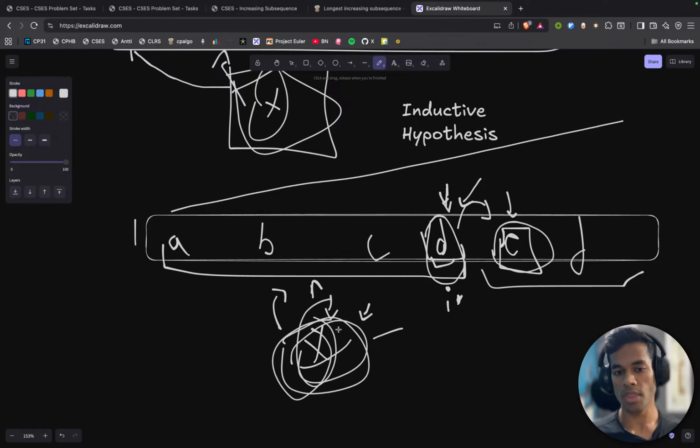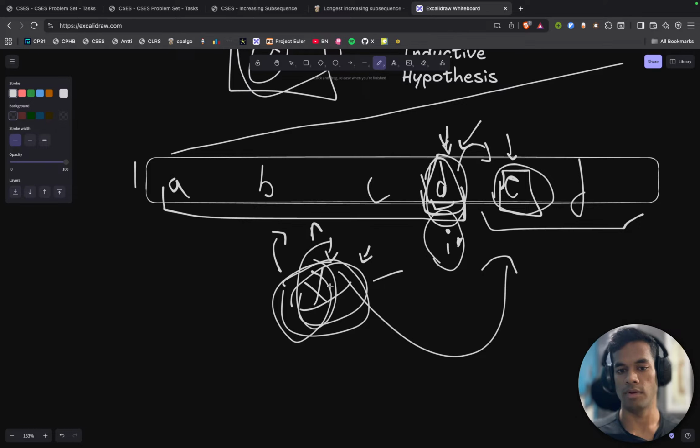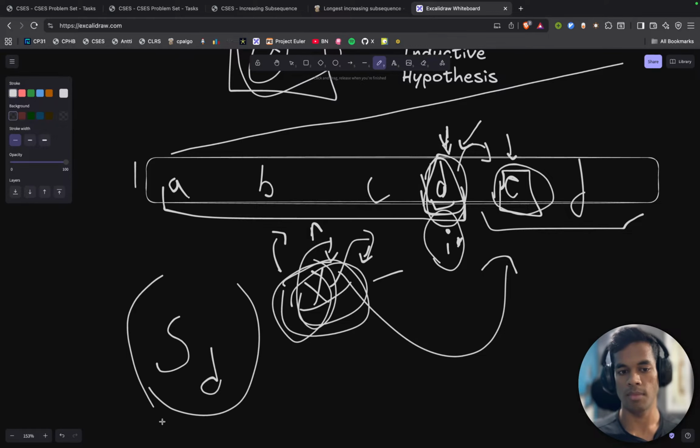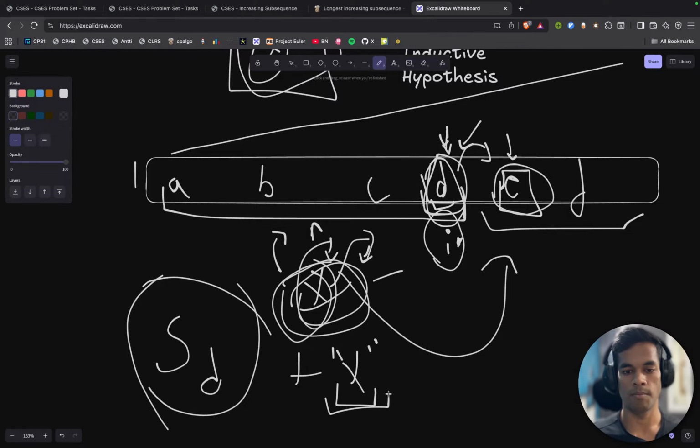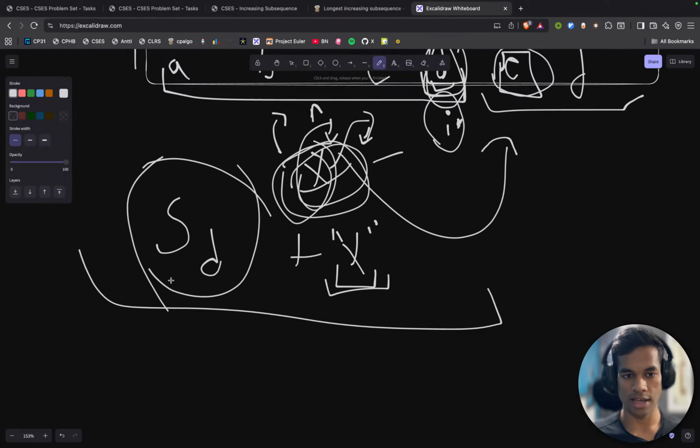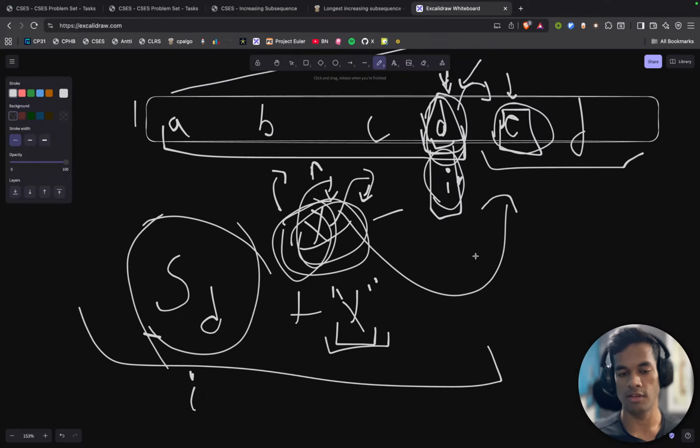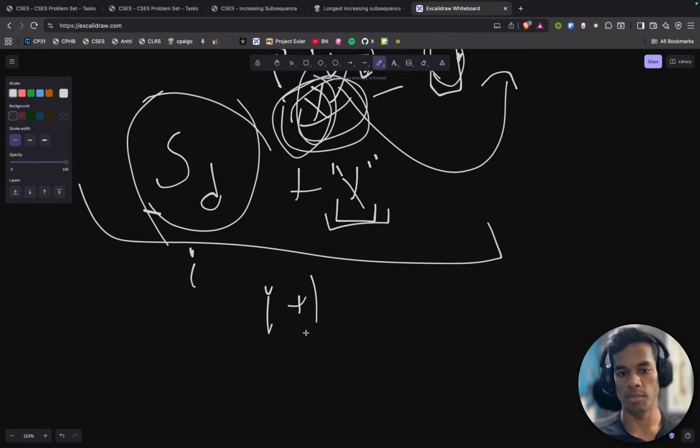Now, when we are putting the value, whatever the index is here, I, the new length, when we add, let's say the sequence that ends at D is SD, we add to this sequence x as the new element at the end, and the length of this SD sequence was I. Now the new length is going to be I plus 1.